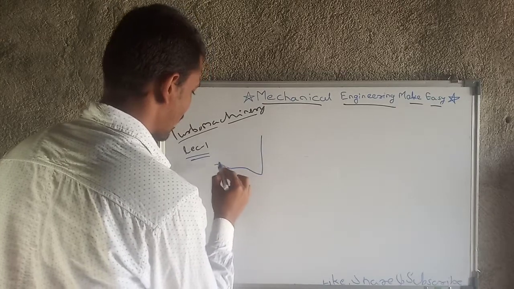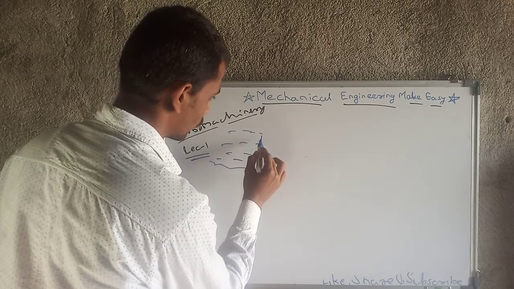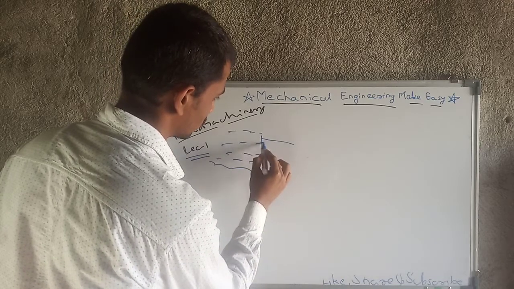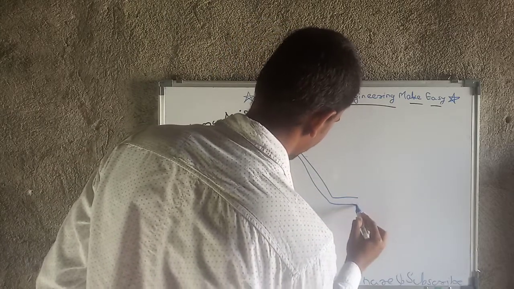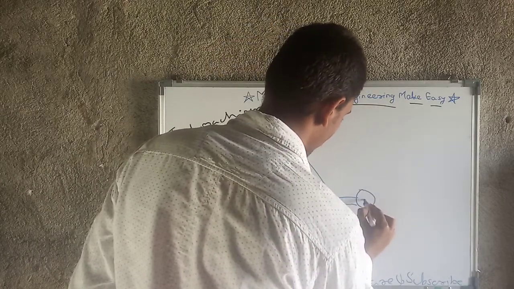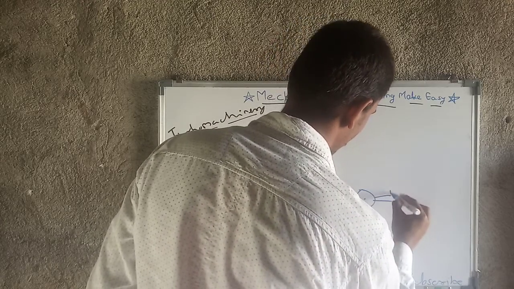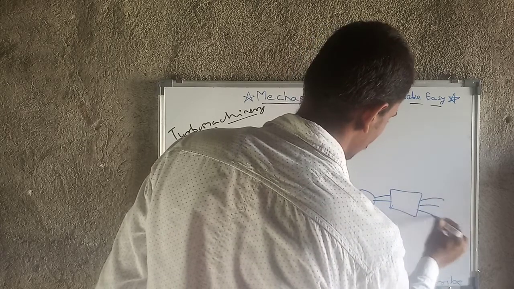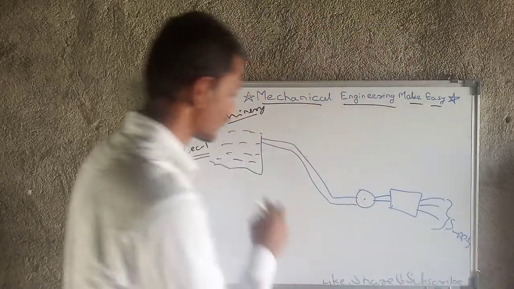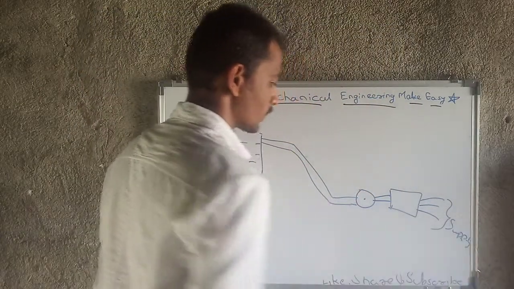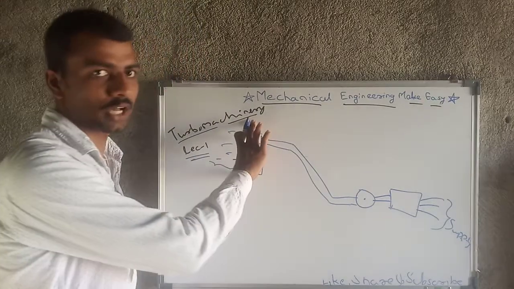Assume this is one dam which is completely filled with water, and we have taken one outlet from here. Here we have implemented a turbine, and from that turbine the power will be given to a generator, and from this we will get the electric supply. This is the broad view of our hydroelectric power plant. The dam is the reservoir of water.